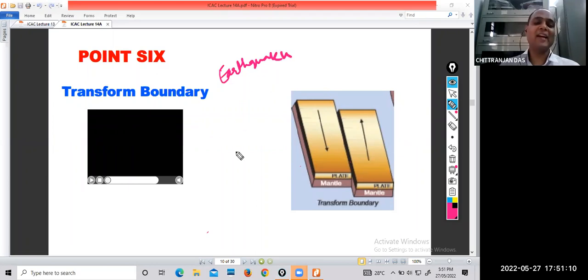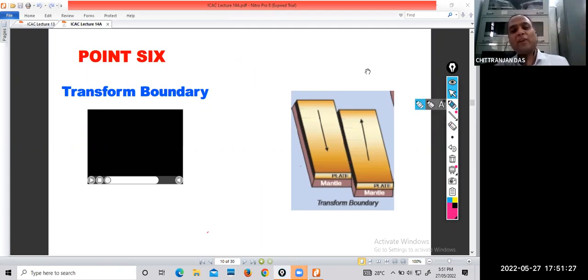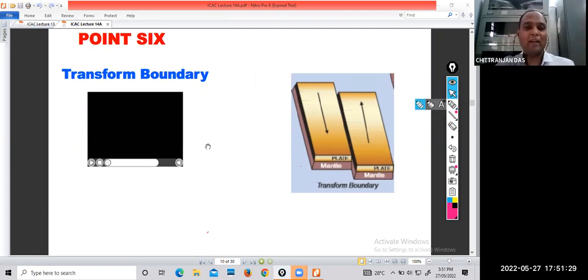So in a nutshell, what I have told you is the plate tectonics theory. These plate movements have remained active for millions of years, and they are still active.